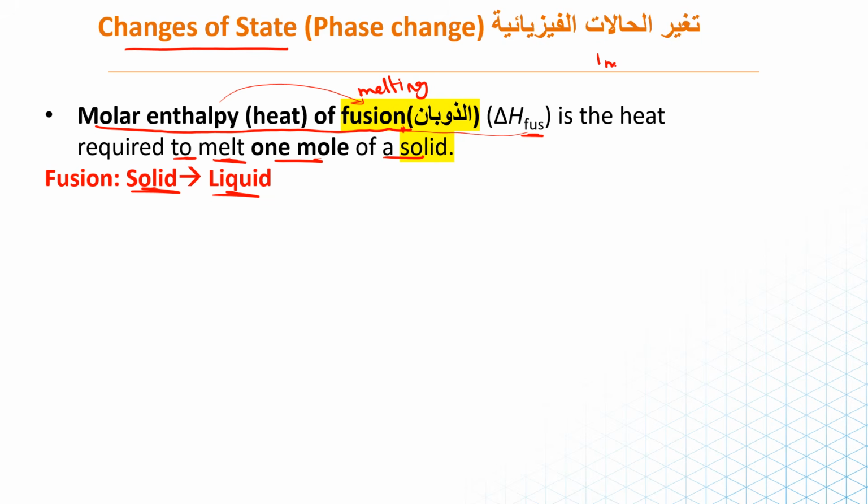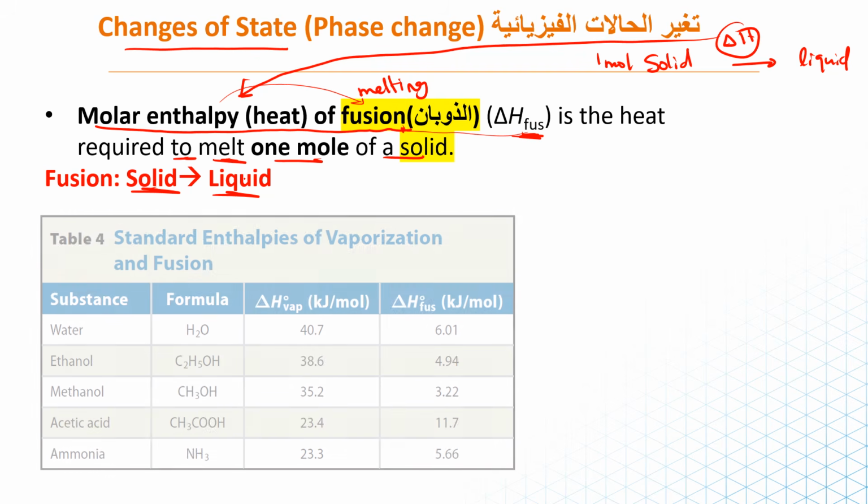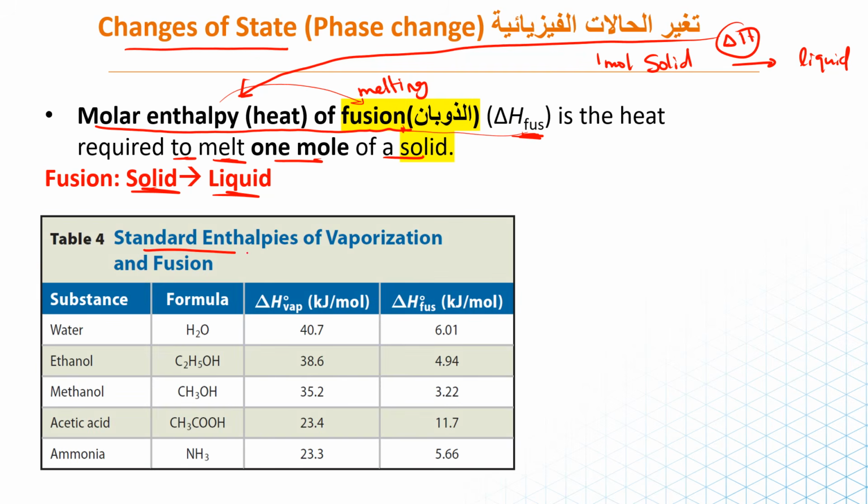So if you have 1 mole of a solid and you give it delta H and it became liquid, we call this molar enthalpy of fusion or delta H fusion. And these are standard enthalpies of fusion, as you can see here.